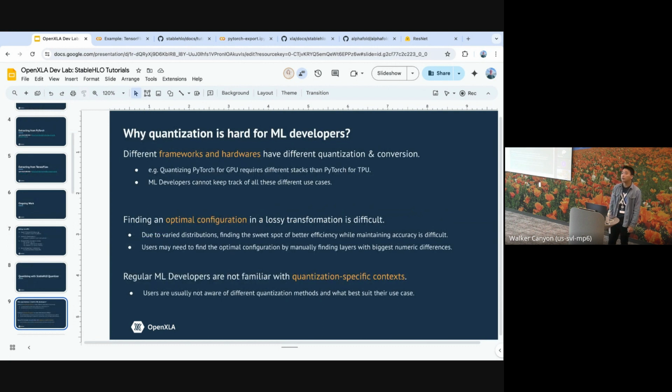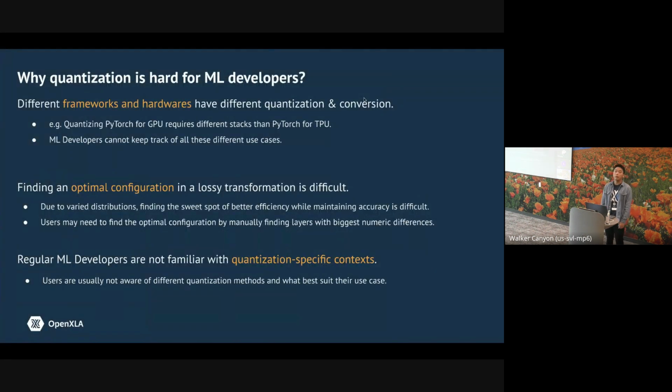So first question, why is quantization hard for ML developers? There are multiple reasons. The first is that there are a lot of existing frameworks and hardware, and more frameworks and hardware are emerging. So it's very hard to build a quantization solution for each of these stacks.